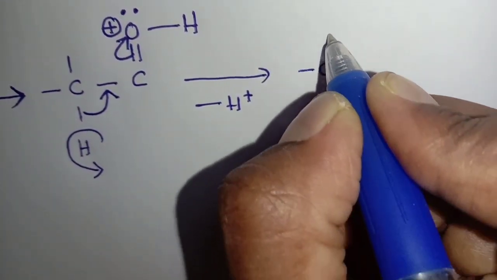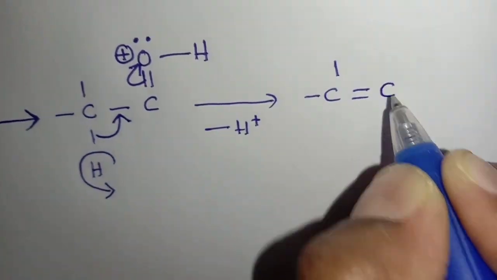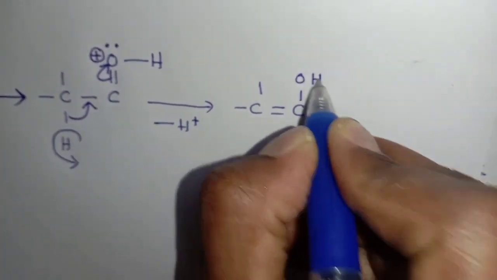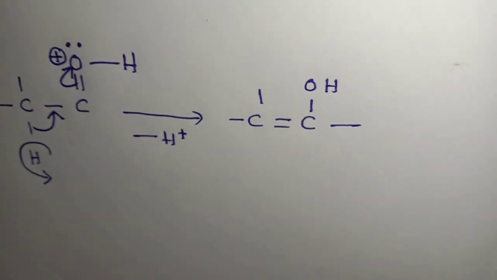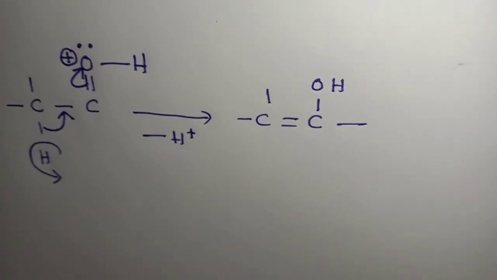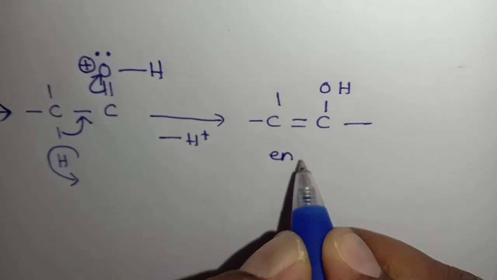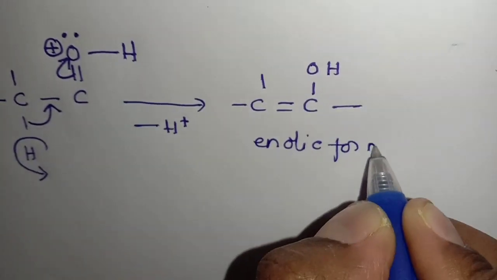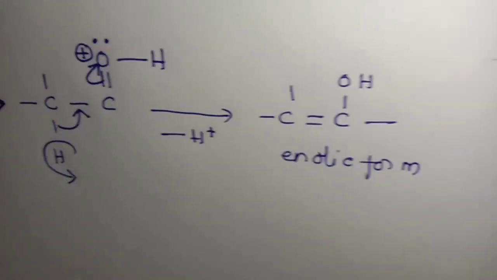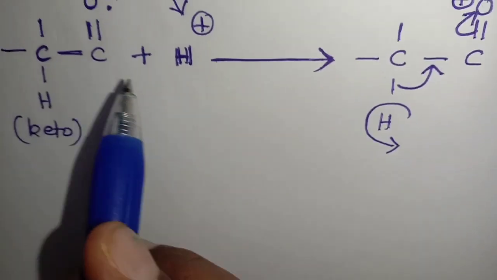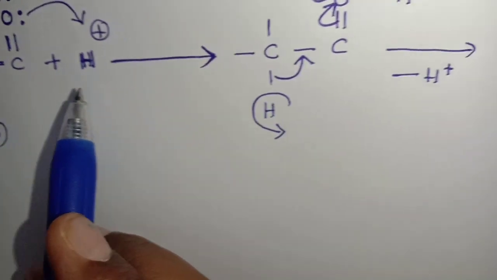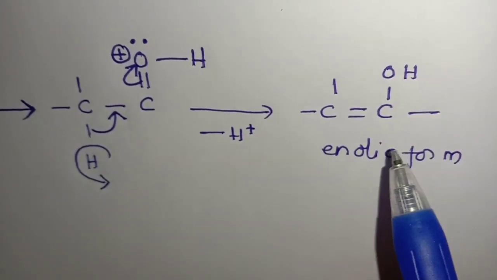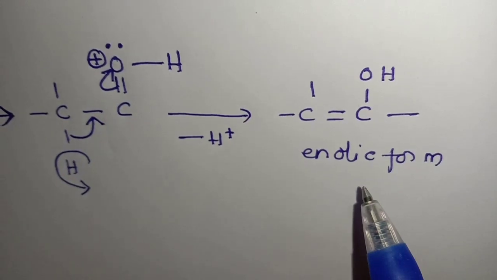C double bond C, OH. This is called the enolic form.